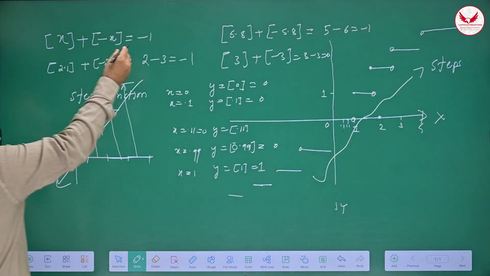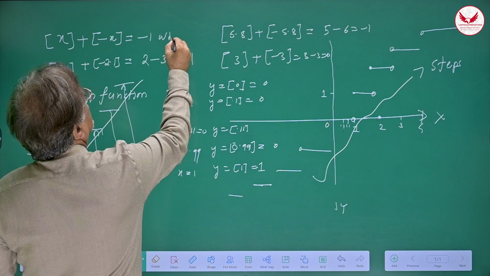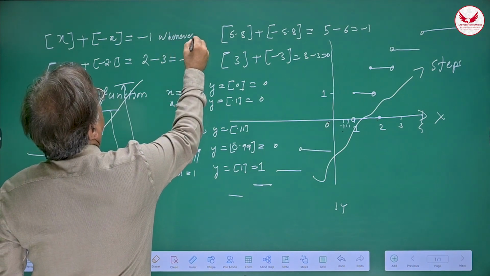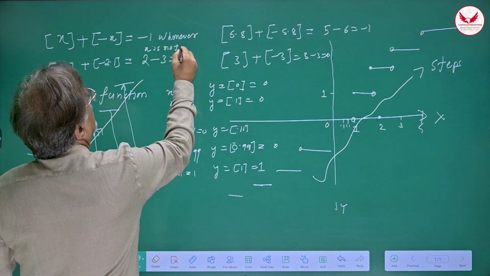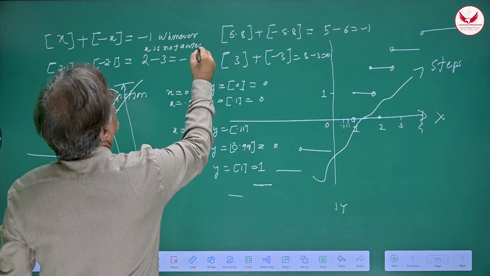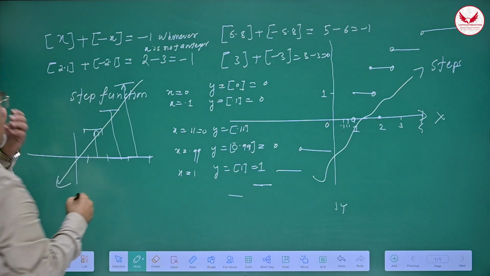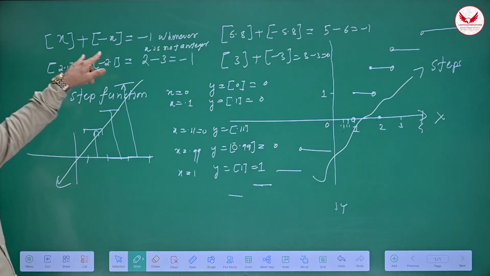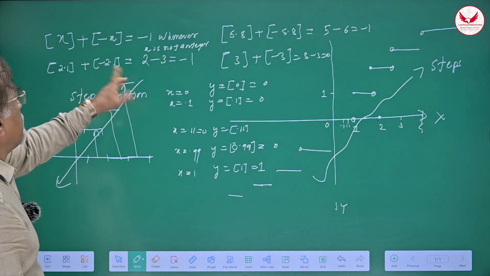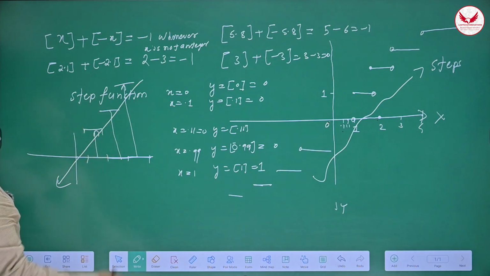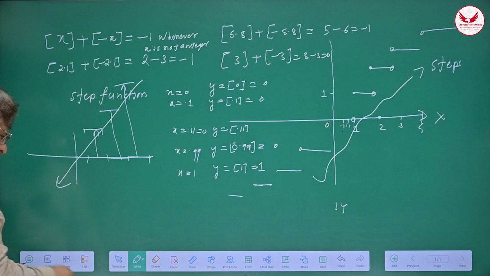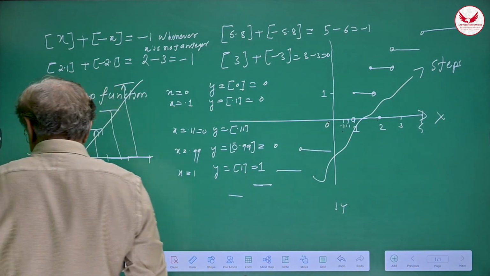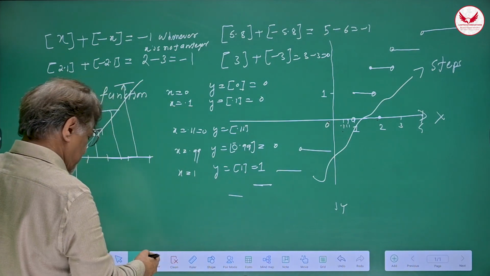So this is the case whenever x is not an integer. So the integral part of x plus the integral part of minus x is minus 1 whenever x is not an integer. But if it is an integer, then it is 0. Right? So that's a very interesting property which can be useful for solving many problems.